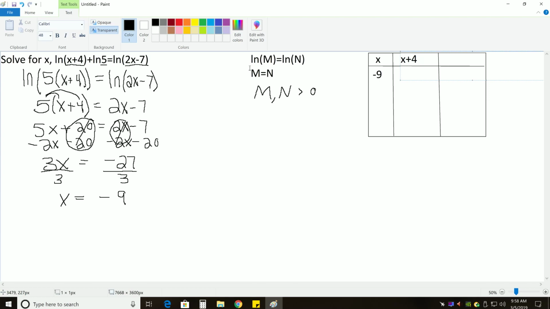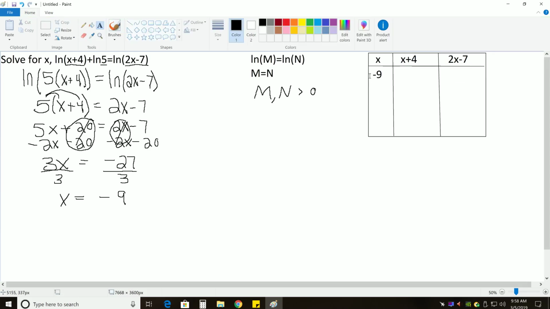And then we had 2x minus 7 for the other one. Note that we don't have to check this one, natural log of 5, because no matter what x is, 5 will always be greater than 0. So you don't have to check the constants that are in your logs.